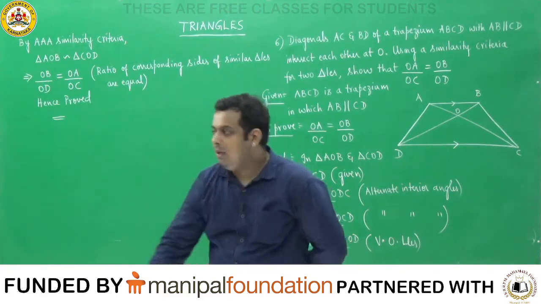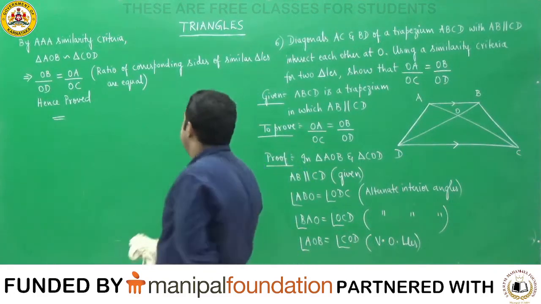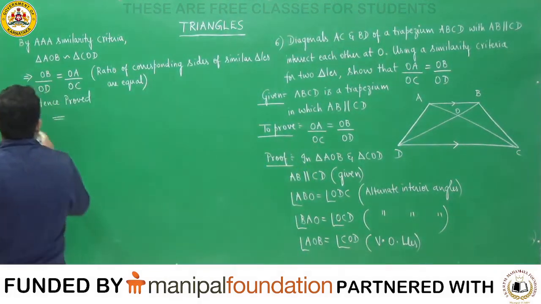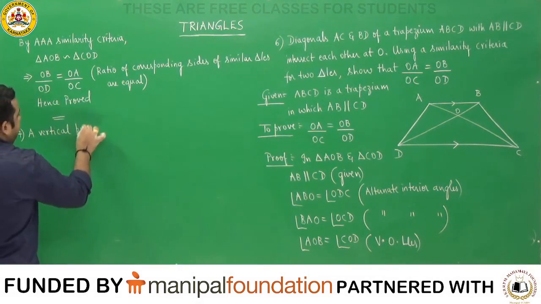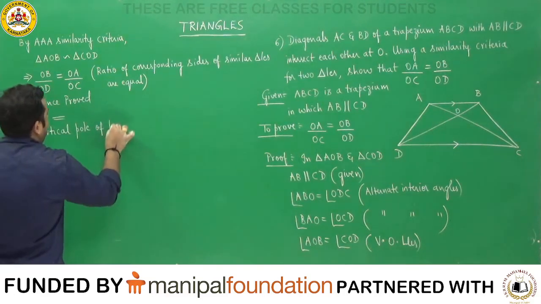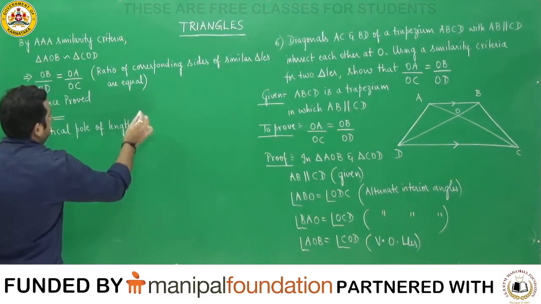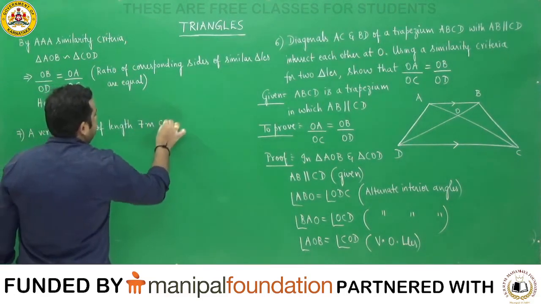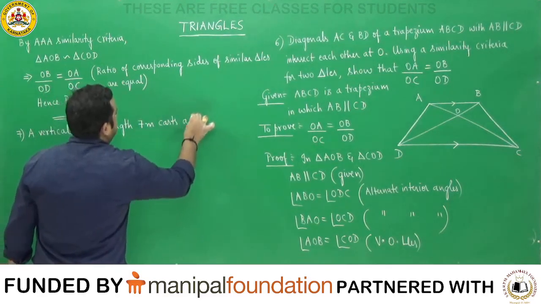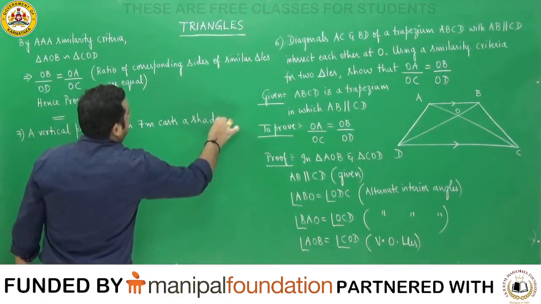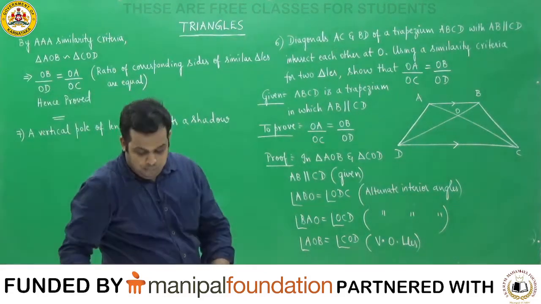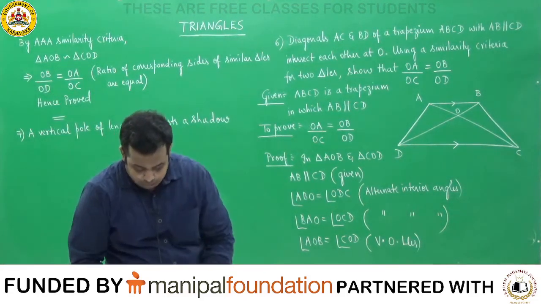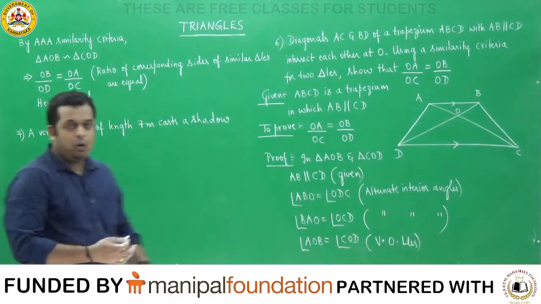Question number 7. A vertical pole of length 7 meters casts a shadow 4 meter long on the ground.